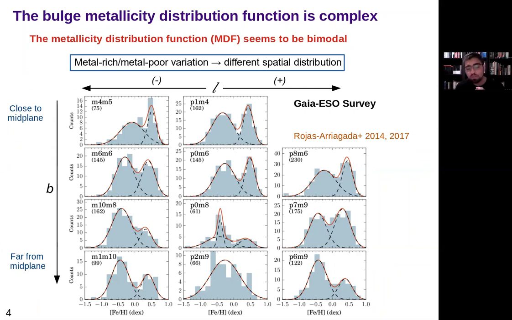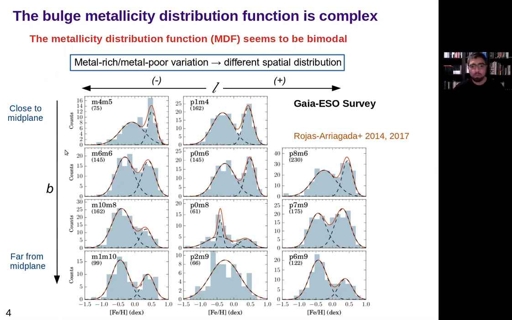So here we start with metallicity, and you have here several fields coming from an optical survey. This is the Gaia-ESO survey, from two papers of 2014 and 2017, where the distribution of the different panels corresponds to a spatial distribution in galactic longitude and galactic latitude.